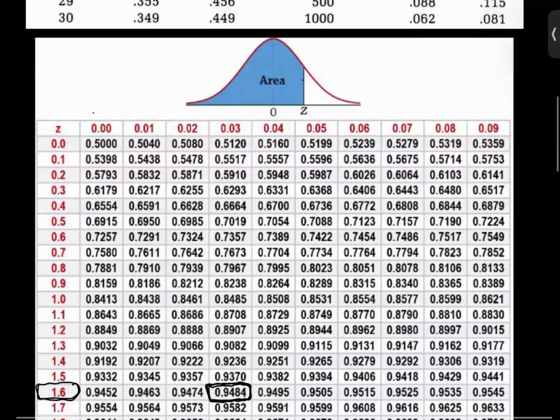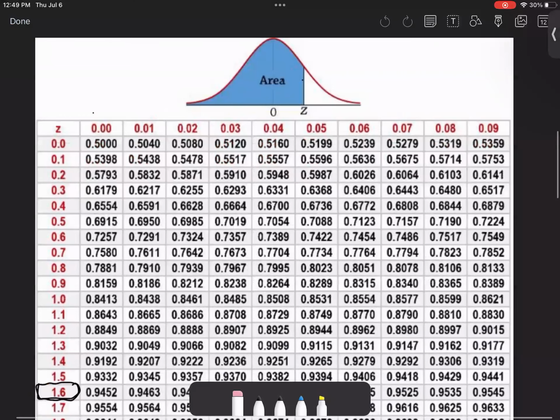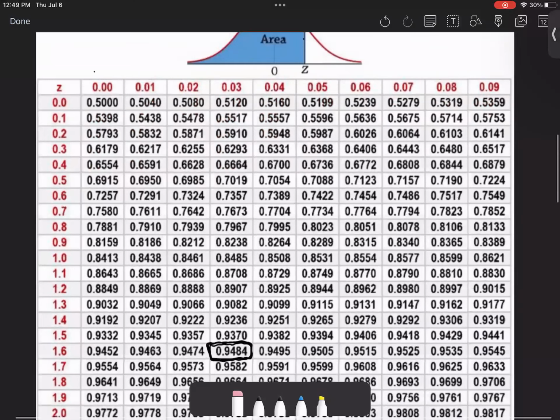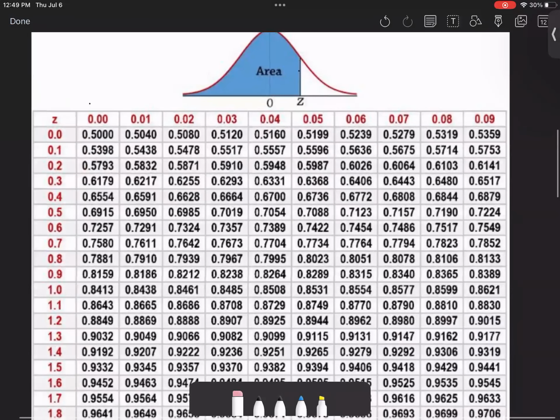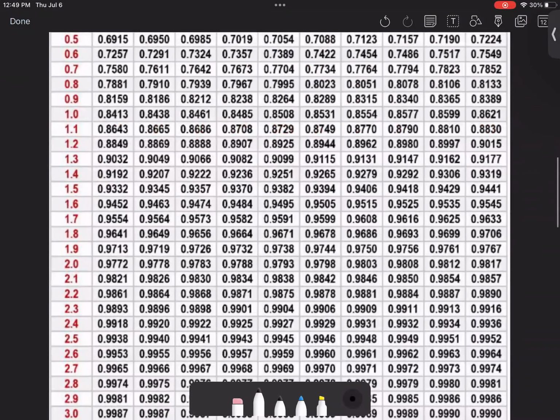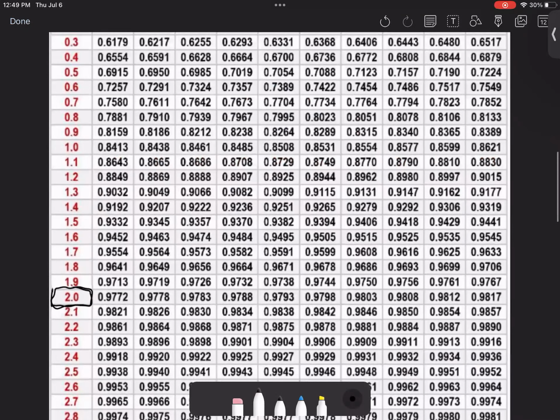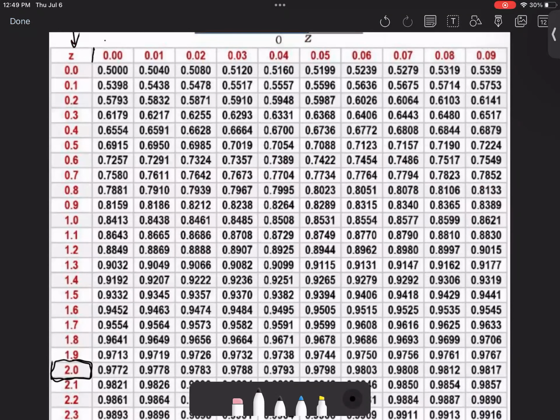Let's find that. So go through your z-scores and look for 2.0. And then it's going to be this first column, because we want exactly 2. We want 2.00. So their intersection gives me this value right here, 97.72%.